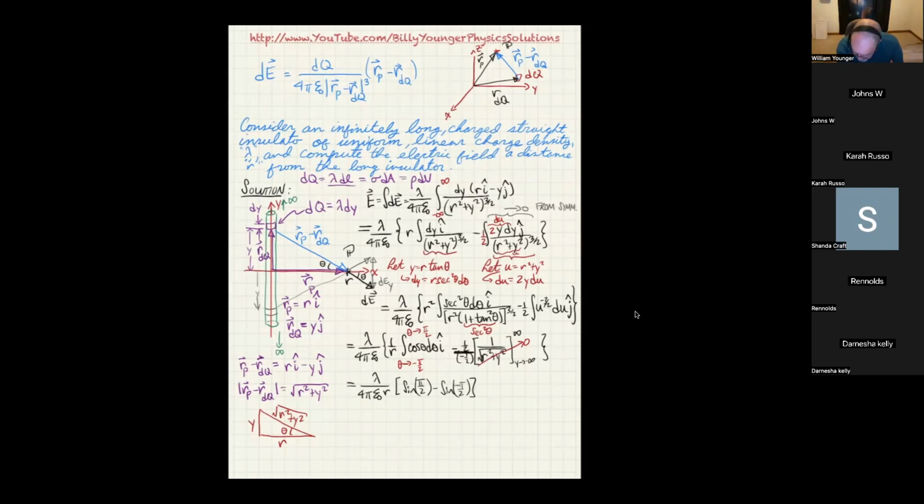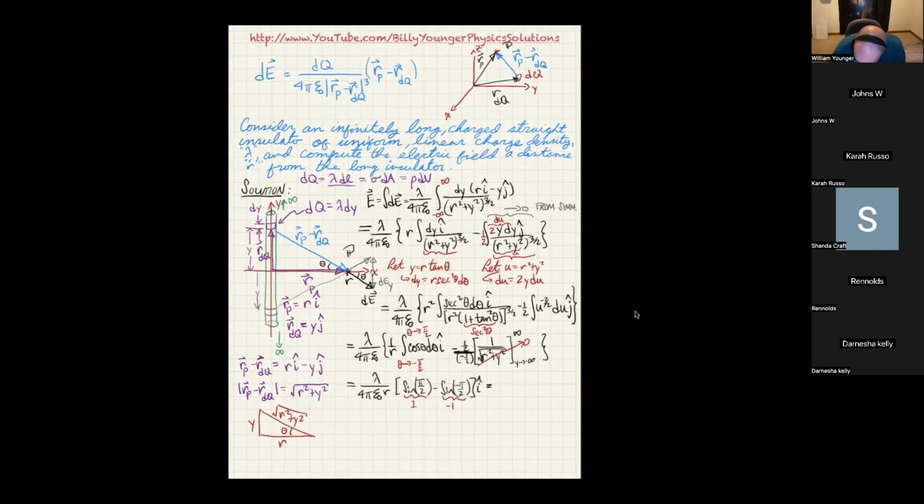That would have been fine. But you see what's going to happen: the sine of negative pi over 2, of course, is -1, and negative of -1 is +1, and the sine of pi over 2 is 1. So I get 1 plus 1 is 2. And of course, I still have the i hat there.